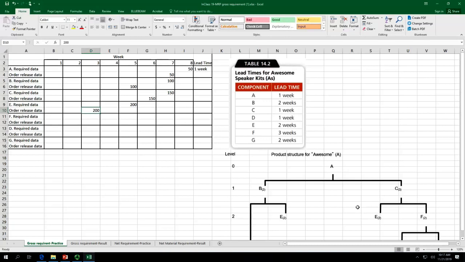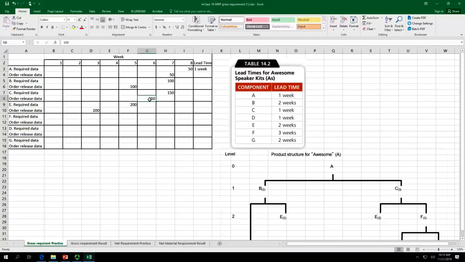And from the structure table and the structure diagram, we see E is also associated with C. And this C is 150. How many E needed to produce 1 C? We need 2.